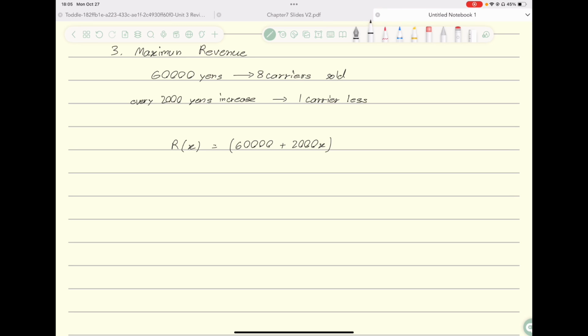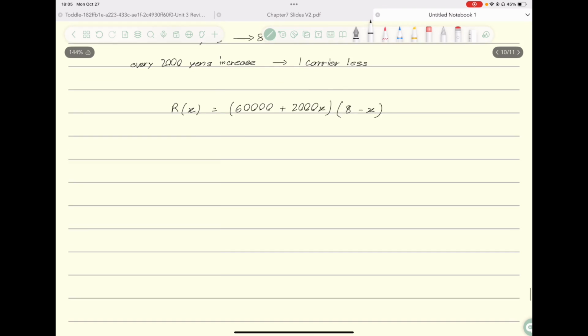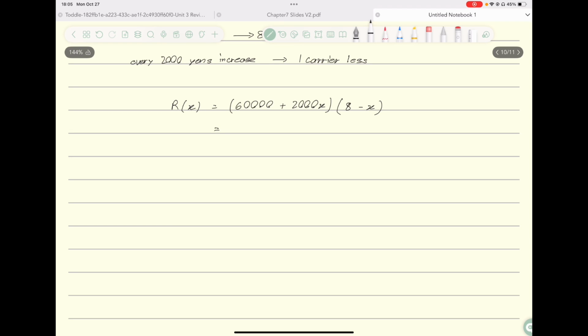We'll set x for the number of increases, and we'll get 8 minus x, because we sell 1 carrier less. Right. So let's calculate this one. 480,000 minus 60,000 x plus 16,000 x minus 2,000 x squared.